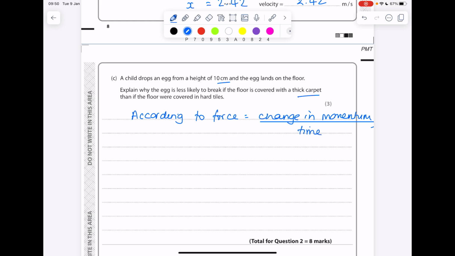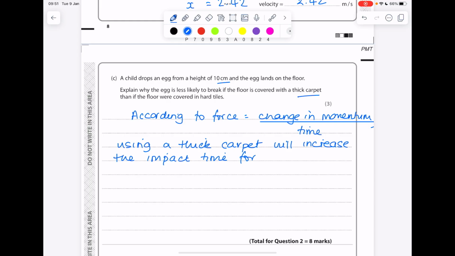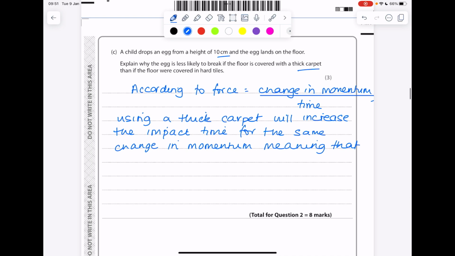Using a thick carpet will increase the time of impact for the same change in momentum, meaning that a reduced force is felt by the egg, hence why it doesn't break, or is less likely to break.